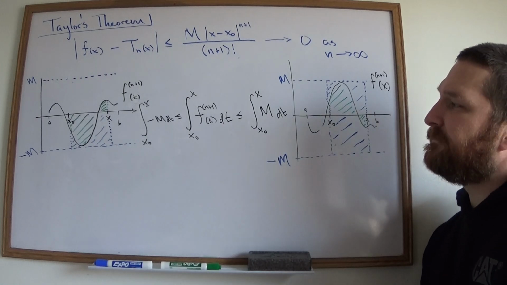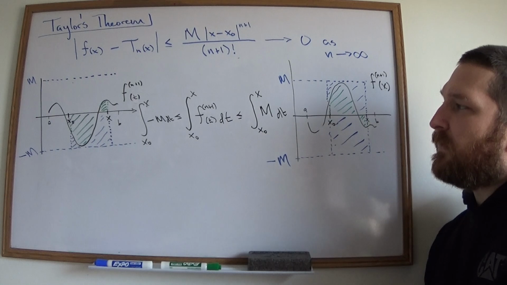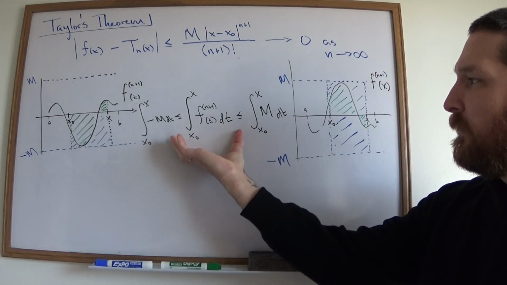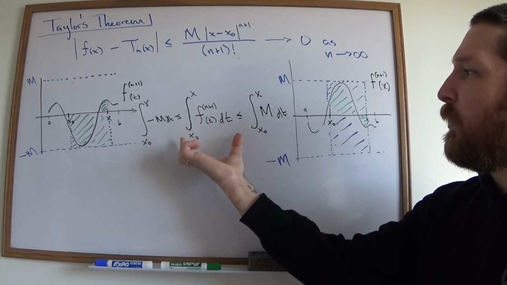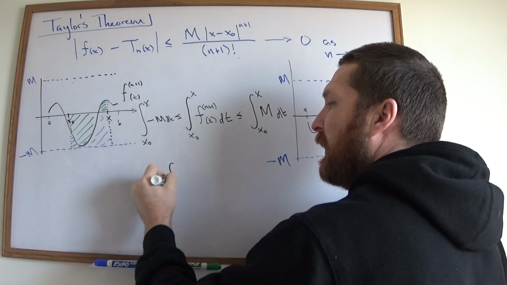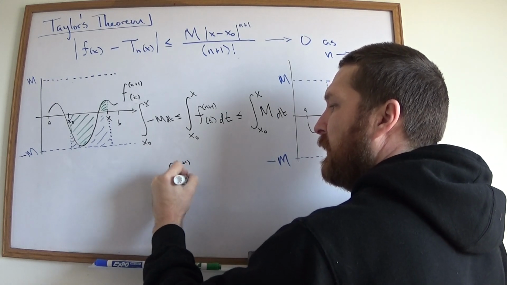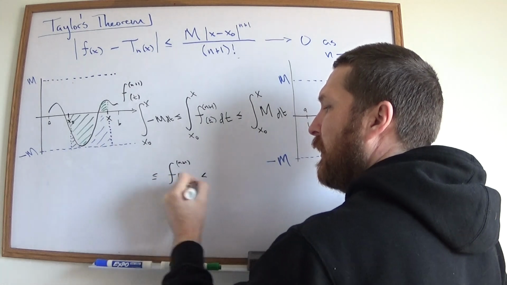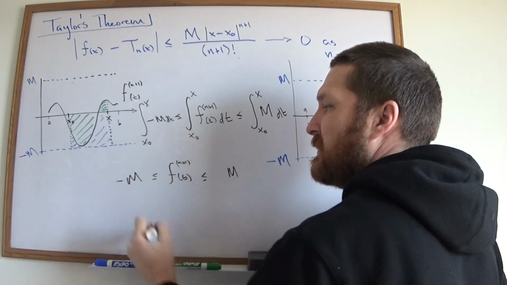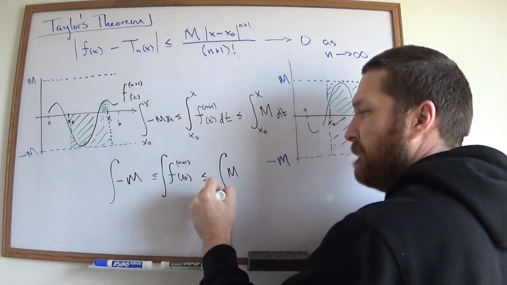Everybody buy that? So basically, in general, if you're trying to find an upper and lower bound for some integral, and you know that the function itself is bounded above and below like this and like this, then when you integrate, that all stays true.